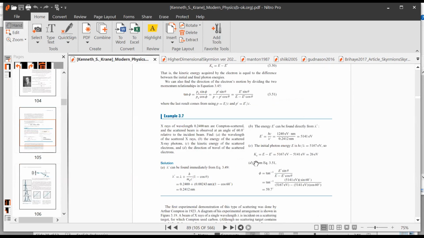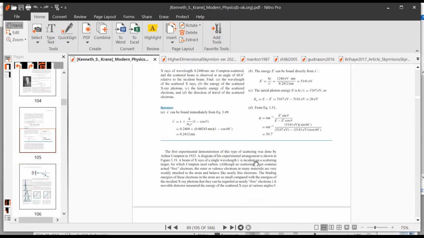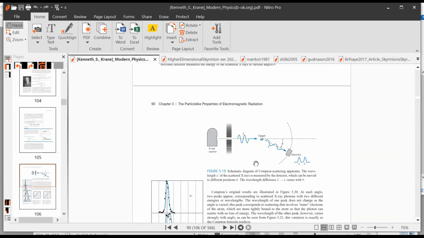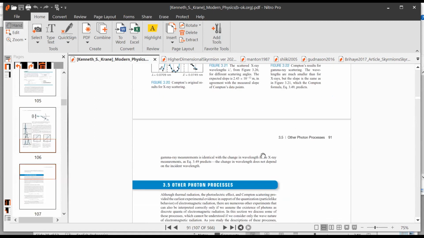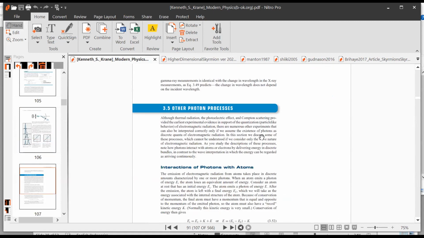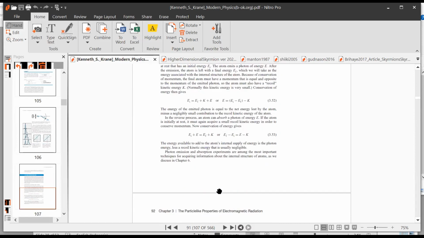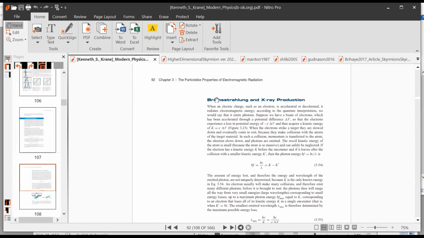Okay, so this is another physical process. This is basically X-ray diffraction. This is the outer photon process, we call it photon interaction with atoms. This is about excitation and also Bremsstrahlung.